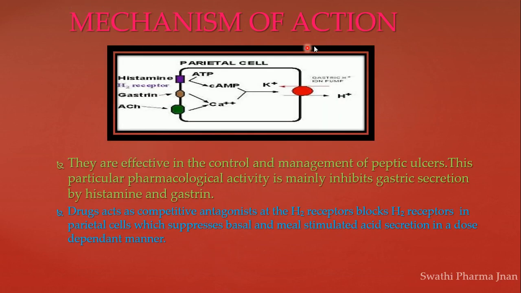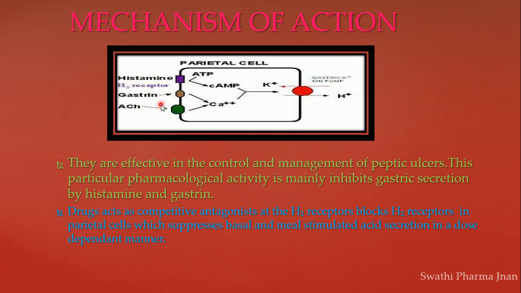Coming to the mechanism of action, on the parietal cell, the histamine H2 receptor is present. Whichever agent binds with the H2 receptor active site will show its action. Suppose histamine comes and binds with the H2 receptor, then it will show the histamine actions.